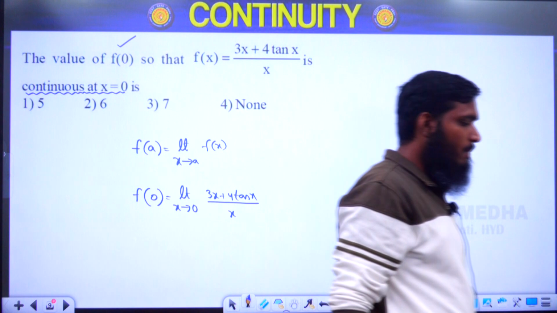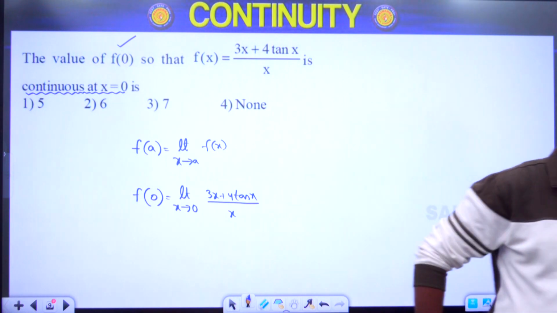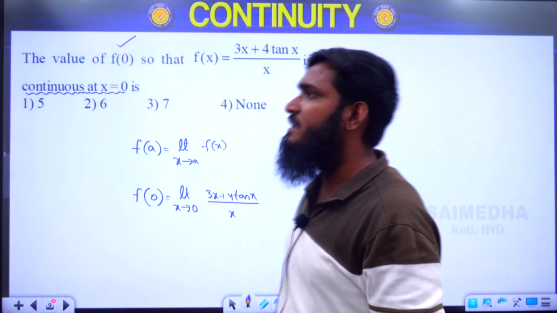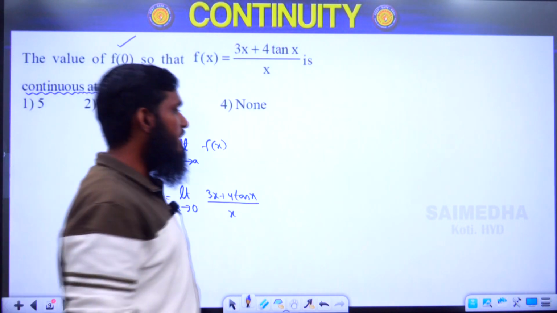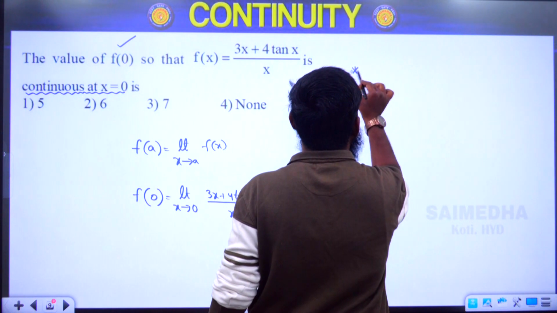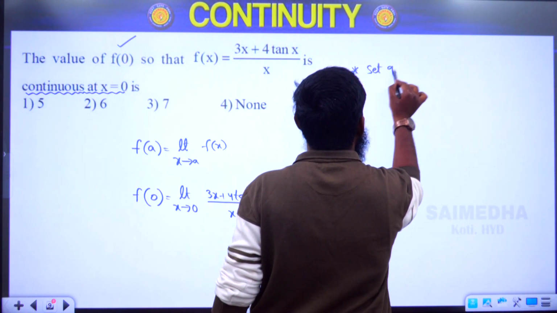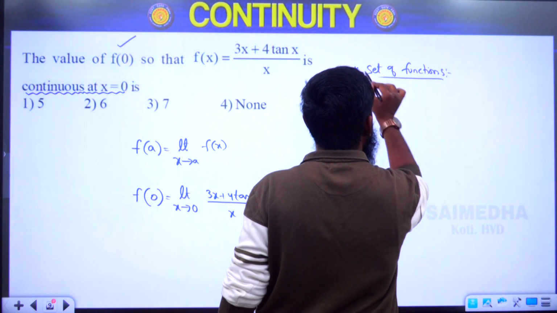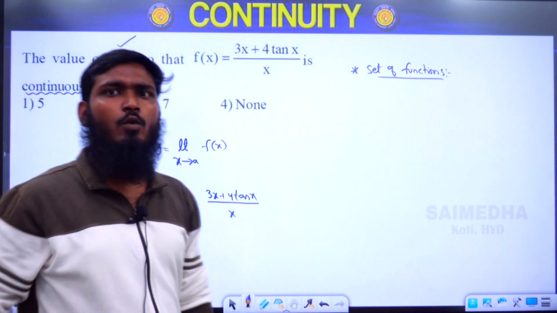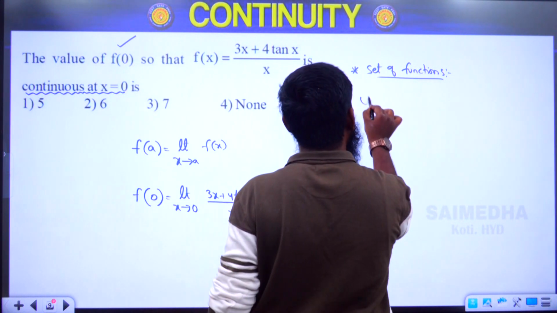Now for this also, again we are having some important standard limits over here, some tricks, shortcuts we are having. It is related to set of functions. What is set of functions? It is denoted by phi.